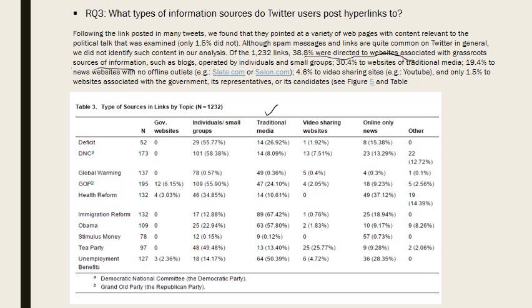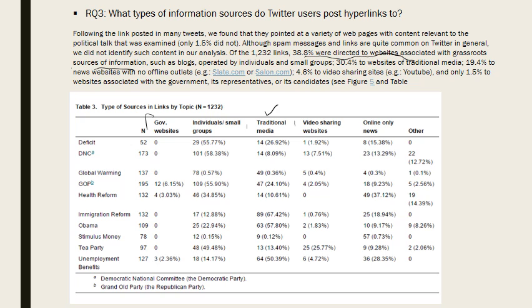And 19.4% to websites with no offline outlets, and 4.6% to video sharing sites, and only 1.5% associated with the government, its representatives, or its candidates. So here you have the political source, the source that's being stated here: the government websites, the links, the traditional media, video websites.